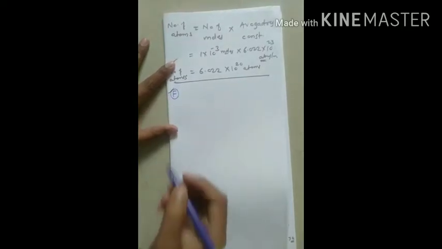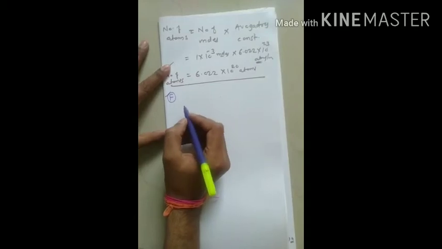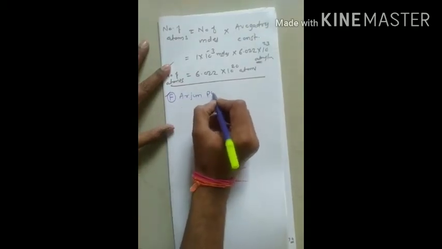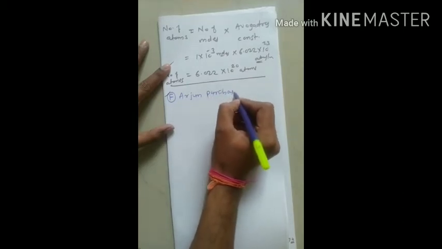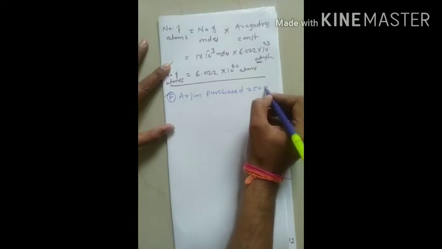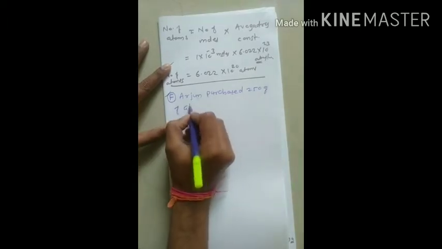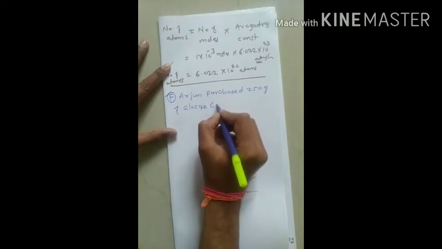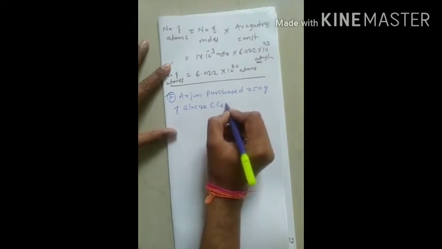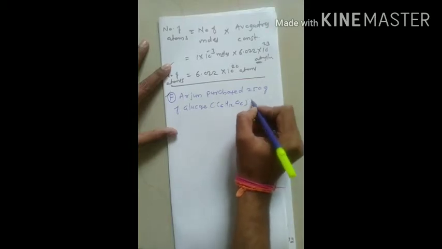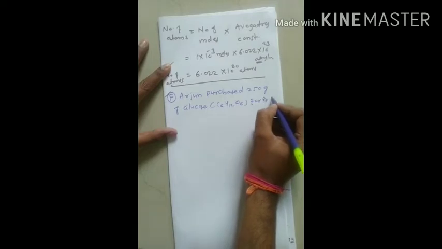So the question is like this: Arjun purchased 250 gram of glucose. The chemical formula is given, C6H12O6, for rupees 40.